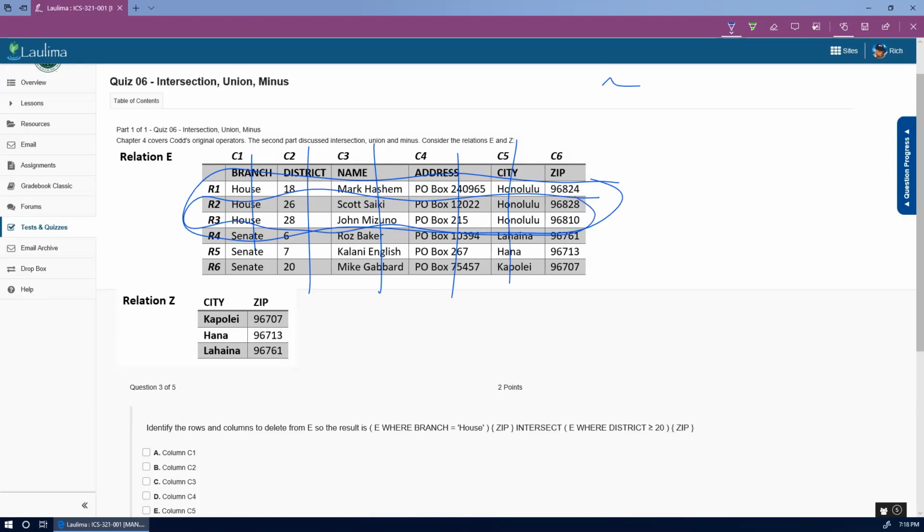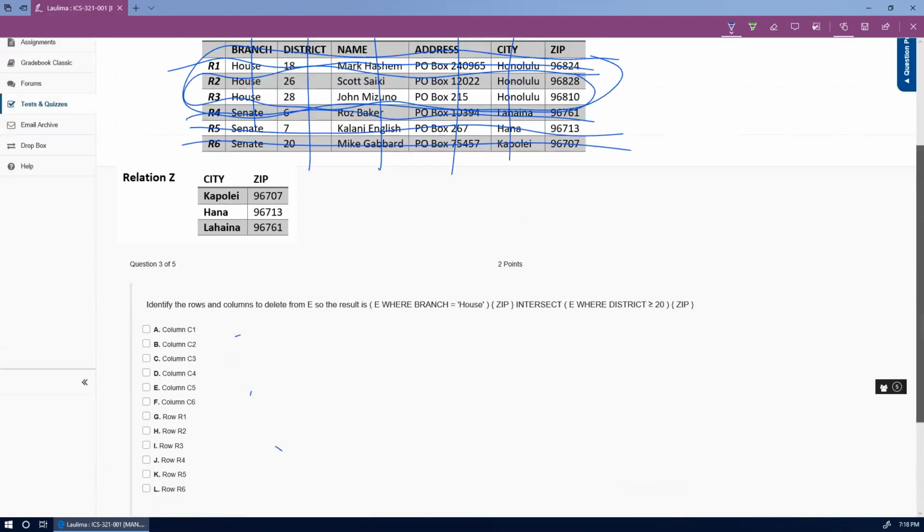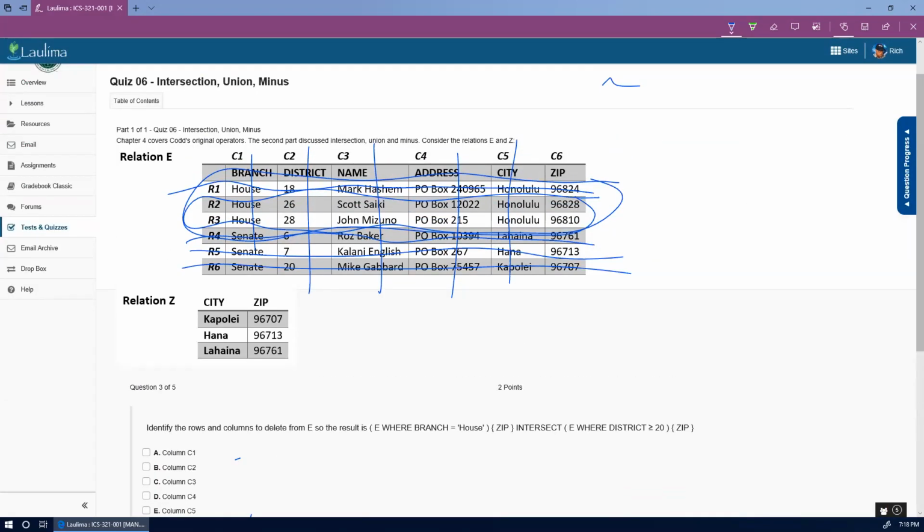So we want to get rid of all of the rows except those two. You should be able to figure that out. Cross out a bunch of them, and you end up with just those two zip codes, it looks like. All right, this was question 3. Let's go to question 4.